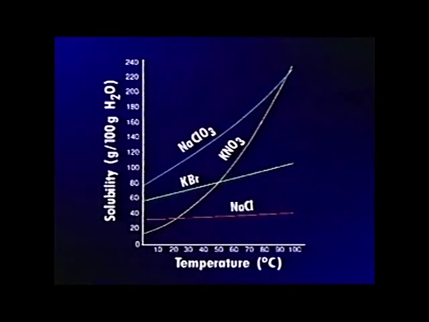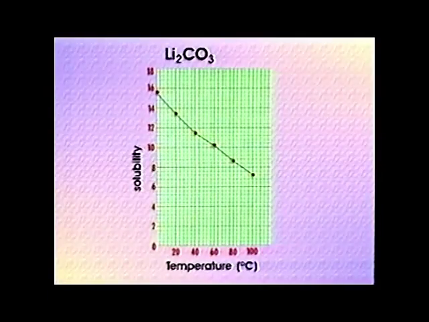What about the effect of temperature on the solubility of solids? These graphs show the solubility of some solids in water as temperature changes. There is no simple rule that helps us predict the effect of temperature on the solubility of liquids and solids. With increasing temperature, lithium carbonate decreases its solubility in water.